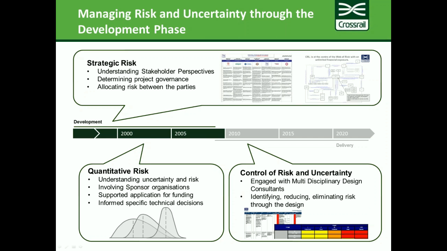And then moving to the bottom left, quantitative risk again formed a key part of those early stages. Crossrail was quite unique in departing from government guidance in the use of optimism bias. It was quite unique in actually developing bottom-up and detailed quantitative risk assessments in order to understand the level of uncertainty and risk.